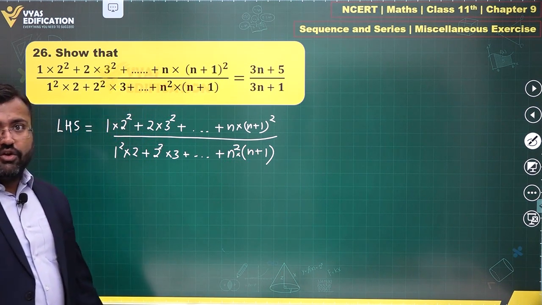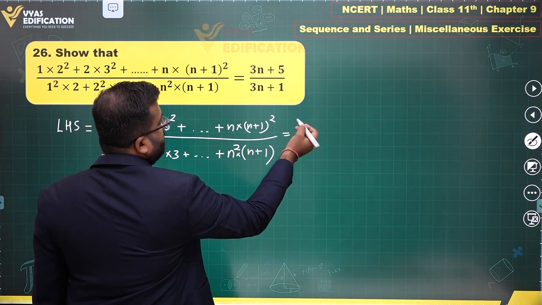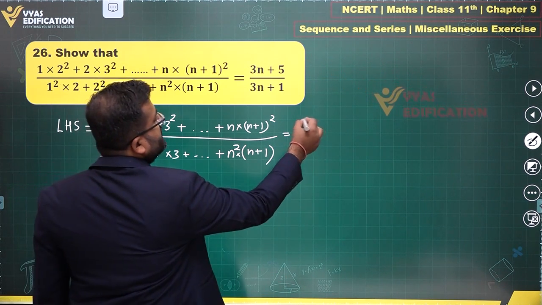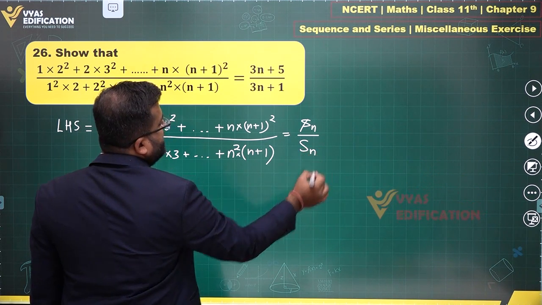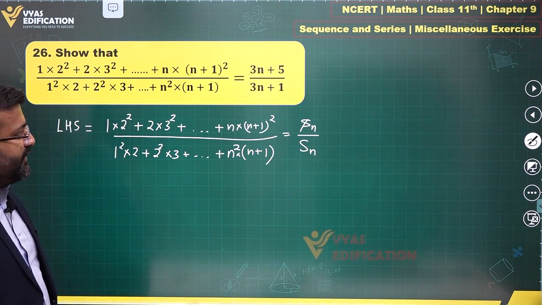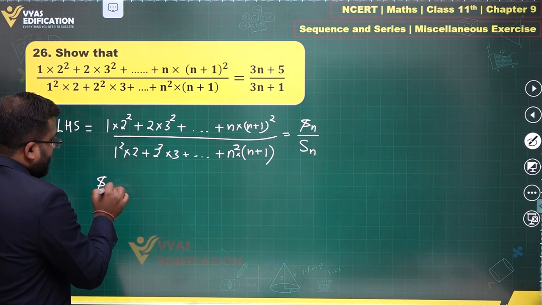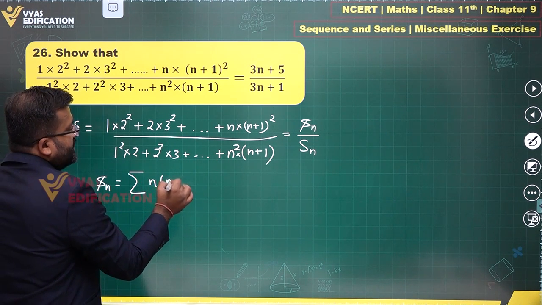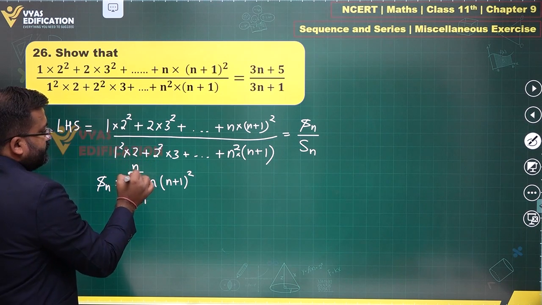Numerator and denominator. Let's call the numerator small sn, and the denominator capital Sn. Okay, and now our focus is on finding small sn and capital Sn separately. Small sn is equal to sigma of this nth term, n times n plus 1 square, from n equal to 1 to n.